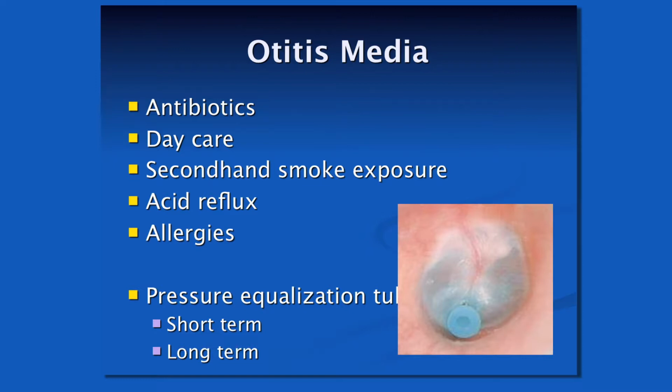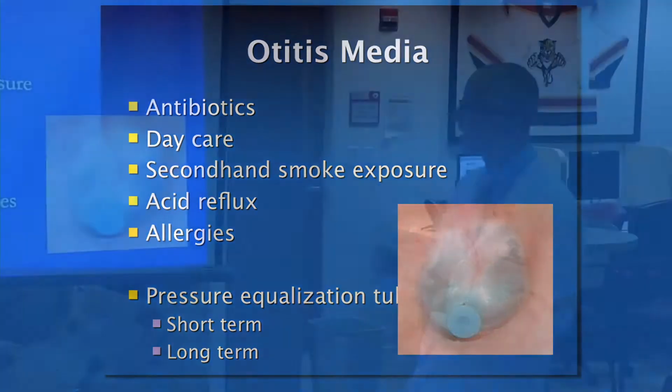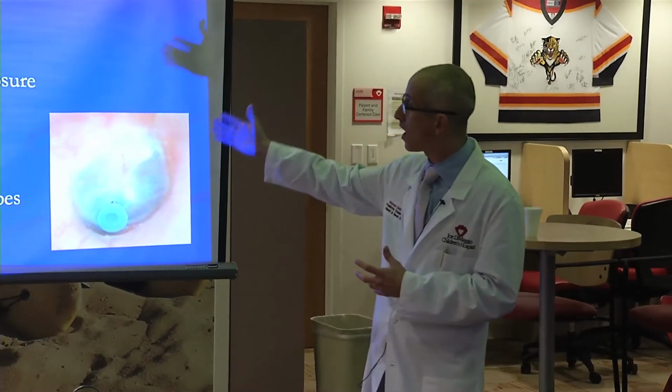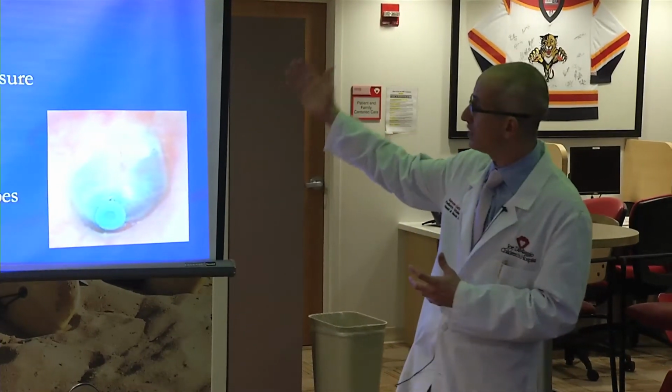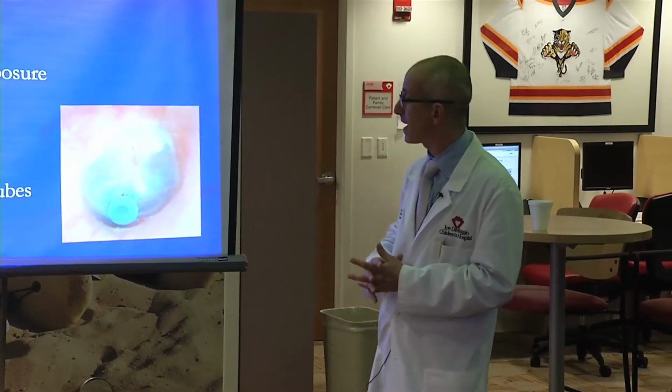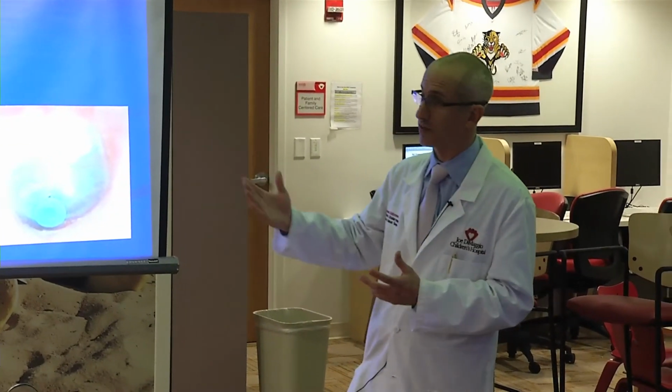Acid reflux has been shown to play a role in the development of ear fluid and middle ear infections, and questionable relationship of allergy to middle ear fluid and ear infections. And how we treat this, other than with modification of these risk factors and use of antibiotics, are ear tubes, as a lot of you are aware.